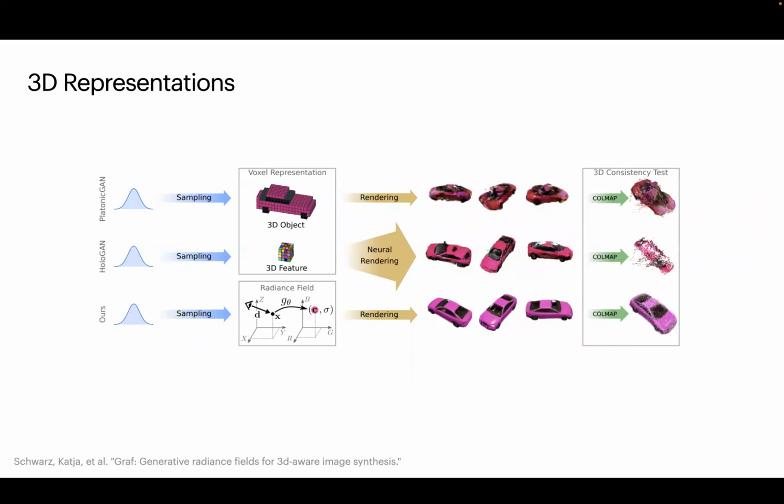The Max Planck Institute for Intelligent Systems proposed a new way using generative radiance fields for 3D-aware image synthesis. It's a little hard to explain how radiance fields are represented, but it's like you have static photos with poses.